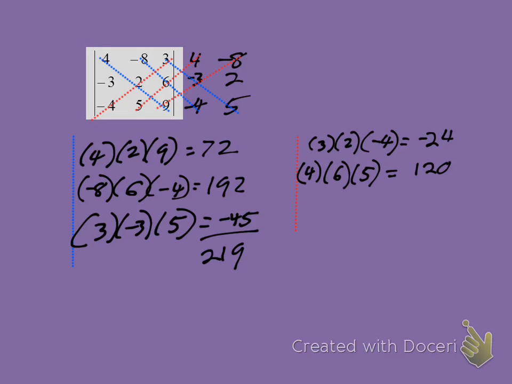And then negative 3, negative 8, and 9. Oh, positive 9, my bad. Which is what, 216? Add those up, you get what, 312? Okay? Everybody same page, yes? Last step.